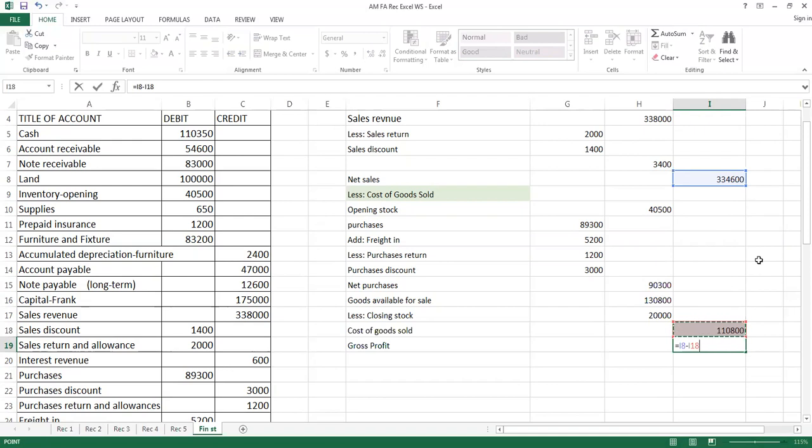All initial working you can keep in the first column, additional working you keep in the second column, and the final answer, whether it is net sales or cost of goods sold, we keep in the third column. So I hope you understand that if you are interested to find out gross profit, you need two pieces of information. Right now check, we need net sales, and second, we need the cost of goods sold amount. If these two amounts are available, you can calculate gross profit.